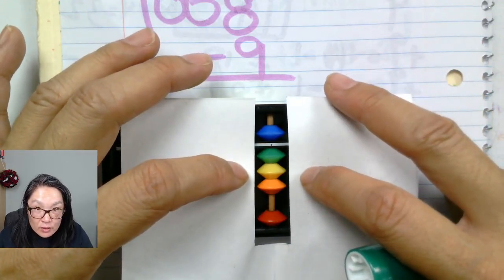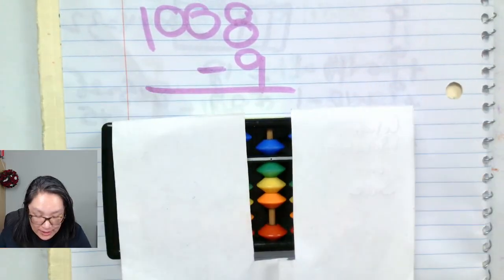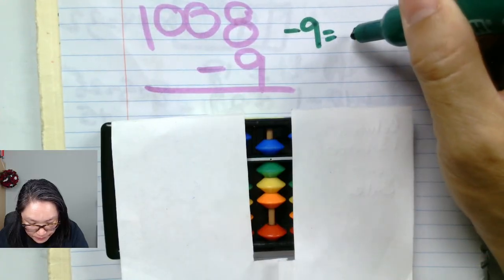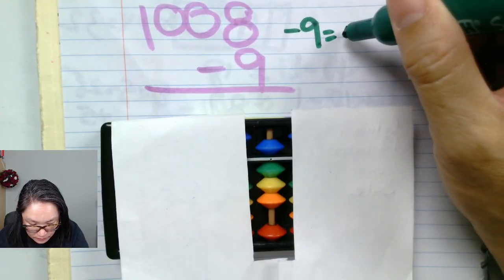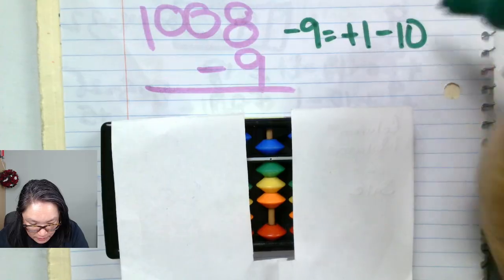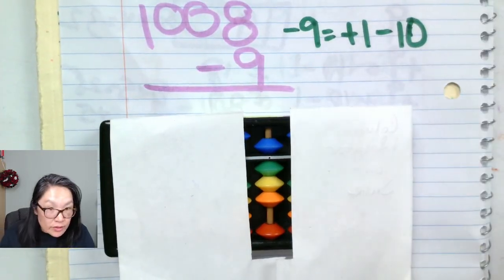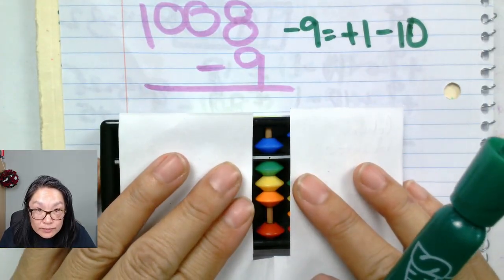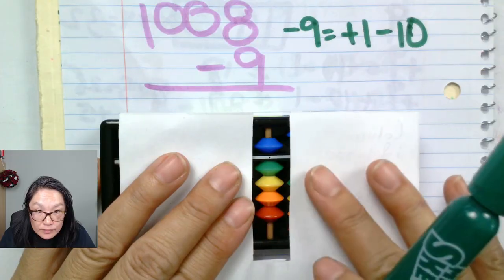When we focus on the one, what are you trying to do? We're trying to minus the 9. Minus the 9 is equal to plus the 1 minus the 10. That's what we're trying to do. We're going to plus the 1. And then what?